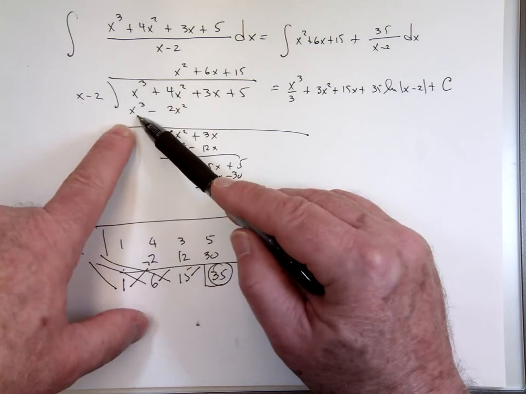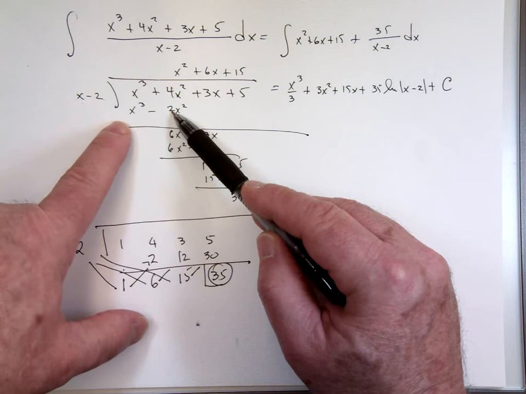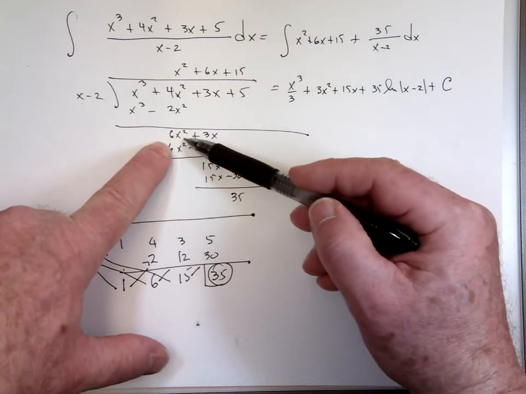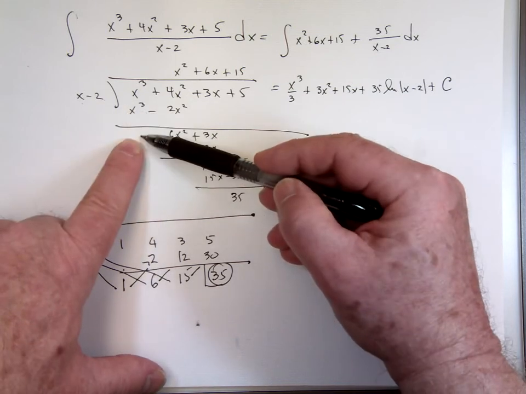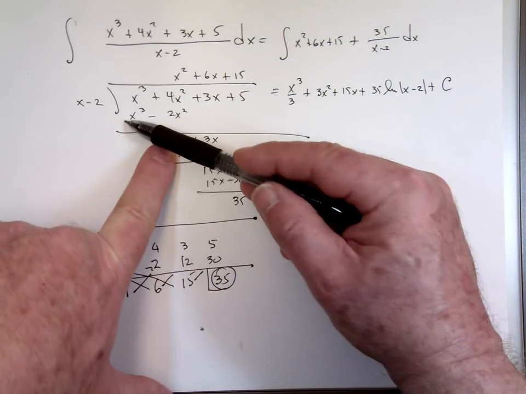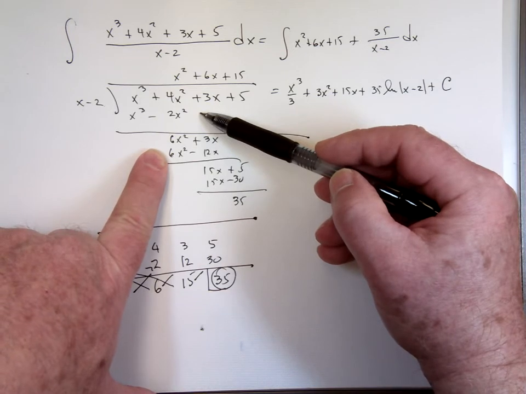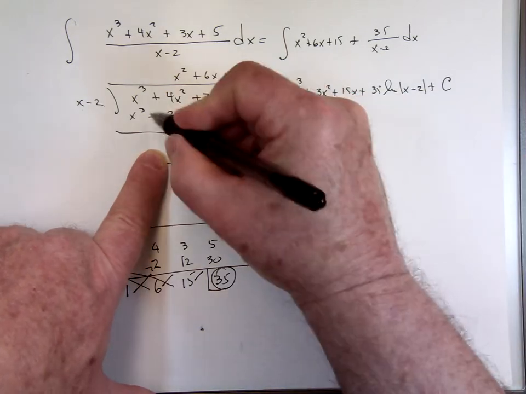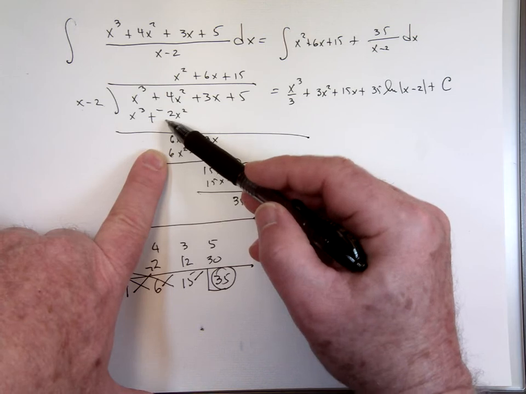So why don't you subtract it? You do. x cubed minus x cubed is 0, and then you take 4x squared minus this negative 2x squared. Yeah, you have to be careful of that. Think of it as plus a negative 2 if you want, but you have to subtract the negative 2 from 4 to get 6. Common mistake right in there.